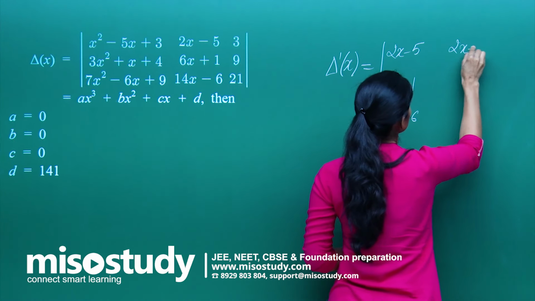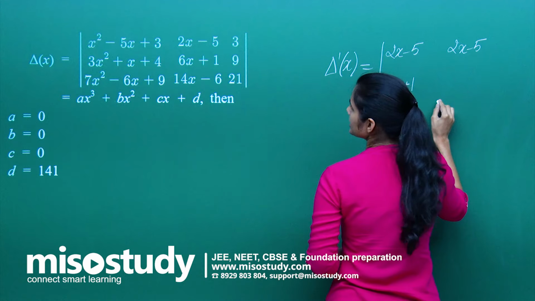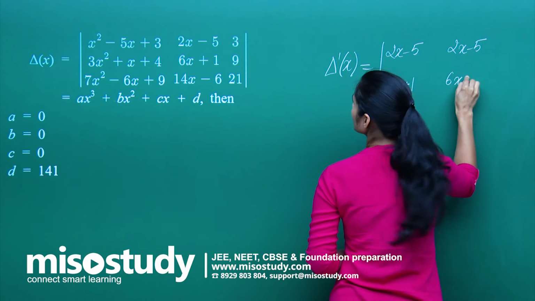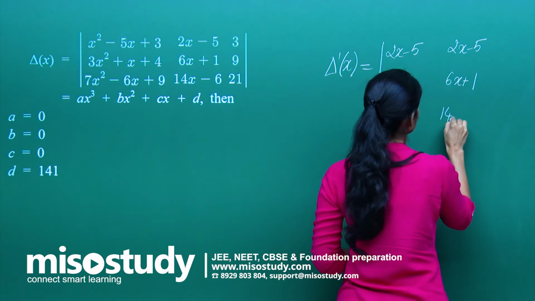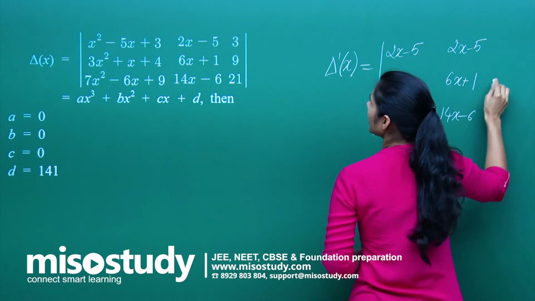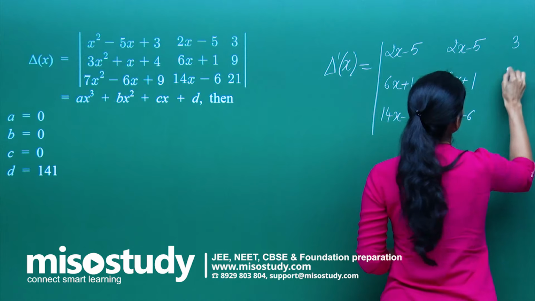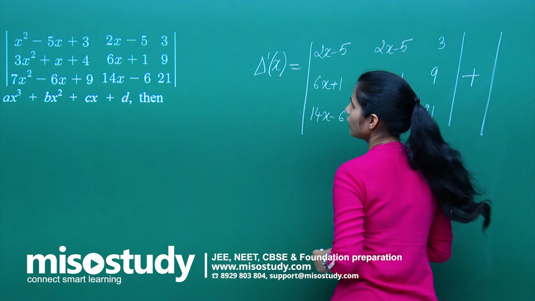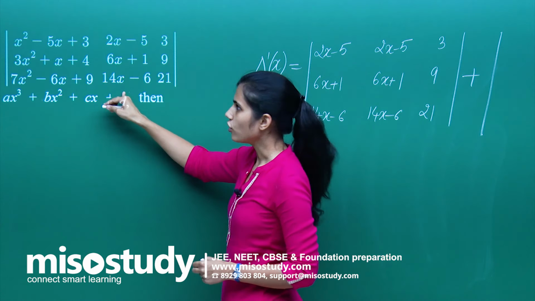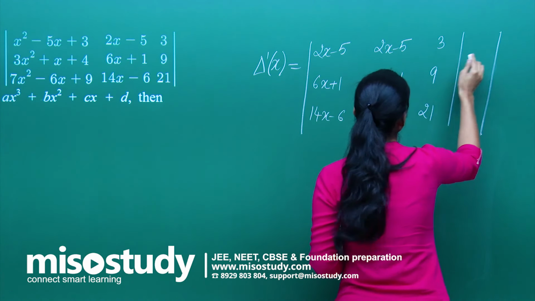This is 2x minus 5, 6x plus 1, and this is 14x minus 6. And here you have 3, 9, 21. Plus, now you are going to differentiate the second column. You have, this remains the same. What is this?